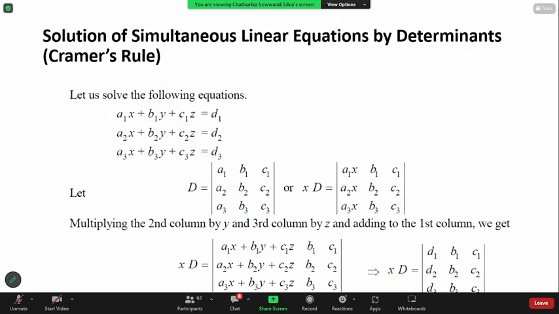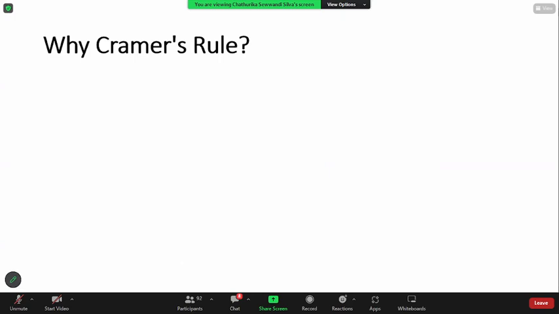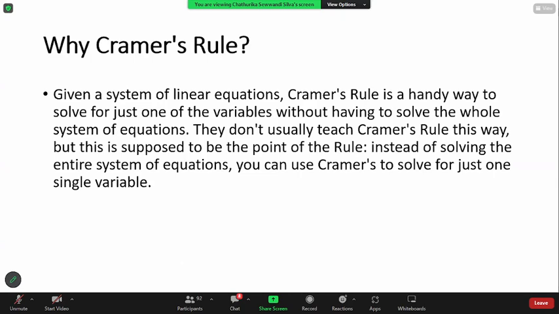You may be wondering why you are going for Cramer's rule rather than a traditional method. Given a system of linear equations, Cramer's rule is a handy way to solve for just one of the variables without having to solve the whole system of equations. Instead of solving the entire system, you can use Cramer's rule to solve for just one variable.